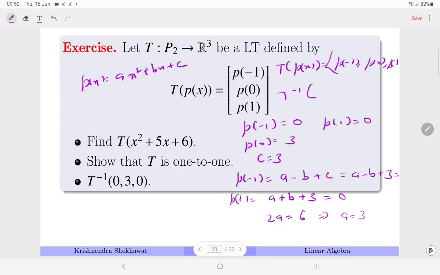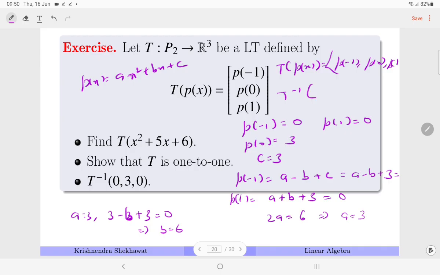If I substitute a is equal to 3, so substituting a is equal to 3 gives me 3 minus b plus 3 is equal to 0. That gives you b is equal to 6.